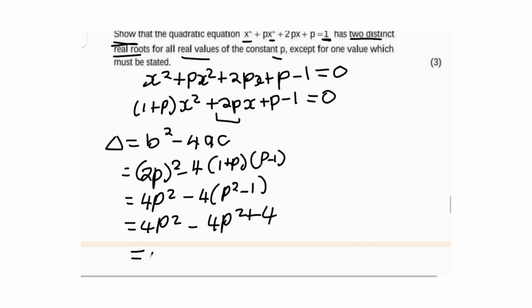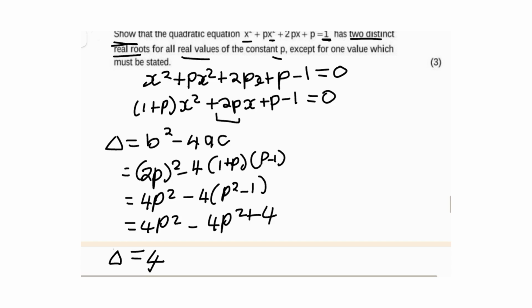I have just 4. My delta is 4. And we had to show that it has two distinct real roots for all real values of the constant p, except for one value which must be stated.